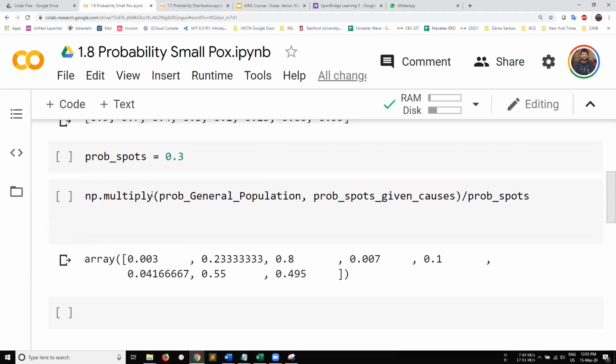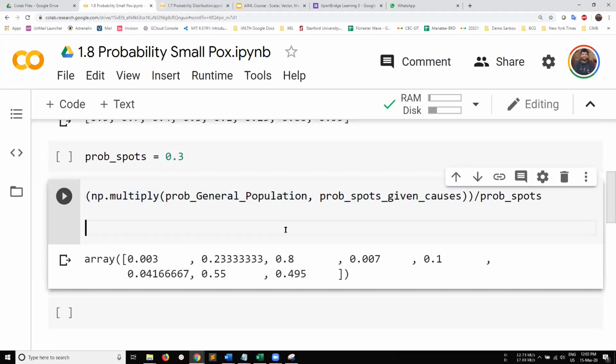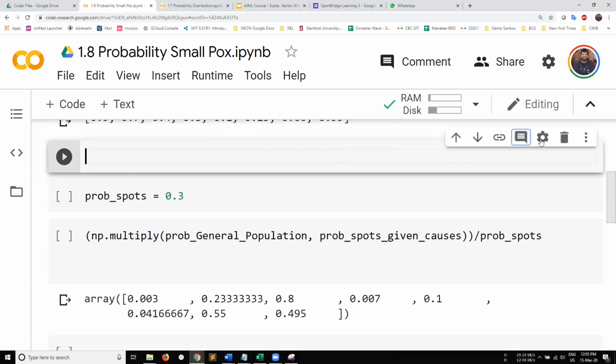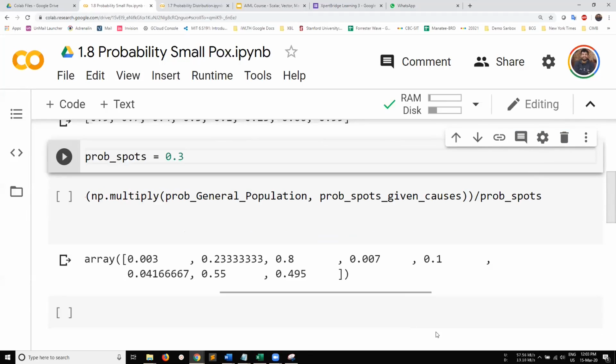What we are trying to find out is, having known that a person is having a spot, what is the probability of him suffering from chickenpox, smallpox, and so on and so forth, all the diseases about which we have data.